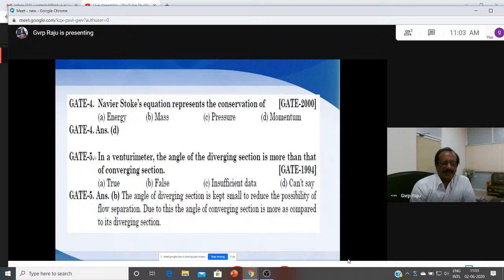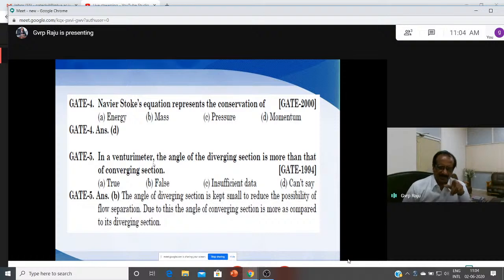And in a venturimeter, the next question: in a venturimeter, the angle of the diverging section is more than that of the converging section. Number of times during discussion, the angle of the convergent cone is around 21 degrees, 20 plus or minus 1, and the divergent cone is between 5 to 15, or around 5 degrees here.